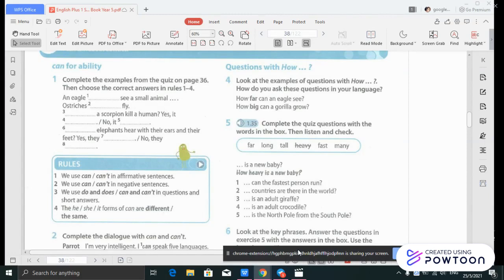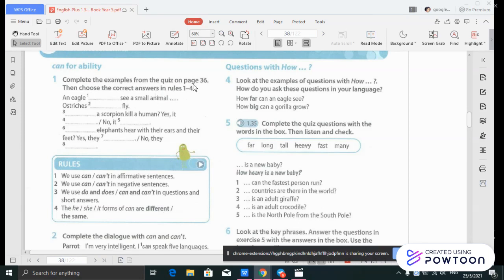You can see the activity 1 here. Activity 1, whereby you have to complete the examples from the quiz on page 36. If you still remember, we did the quiz on page 36 on animal skills for your last lesson.